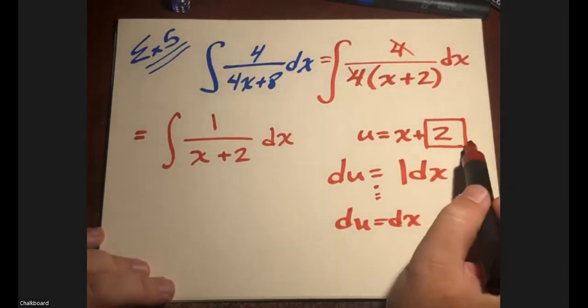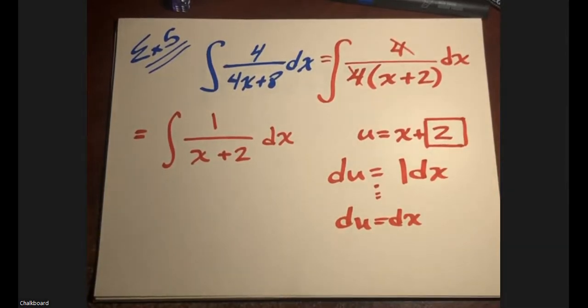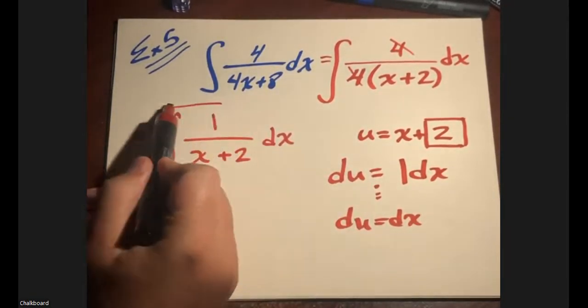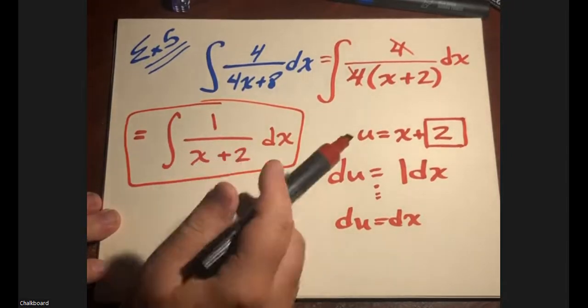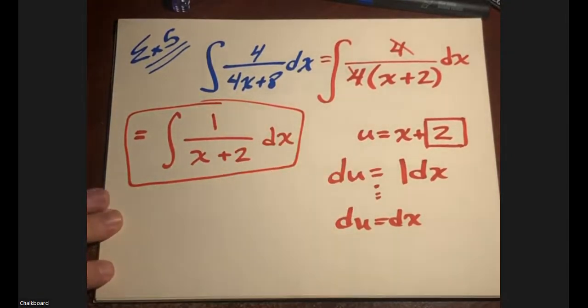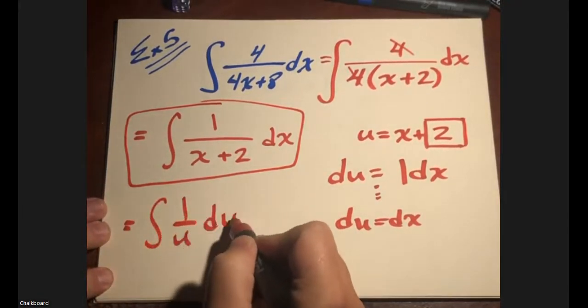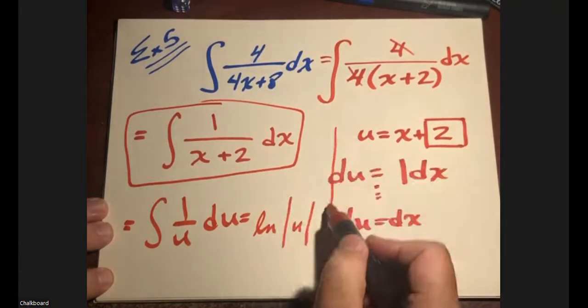The reason I put the box around the 2 is because what if that number wasn't 2? What if that number was 71 or 688 or 3.14 or -5/8? Wouldn't it still be the same? Because that's a constant. So I want you to remember this structure here, friends, okay? 1 over x plus anything always boils down this way, that you wind up making it look like this, the integral of 1 over u du, which is, of course, the natural log of the absolute value of u.